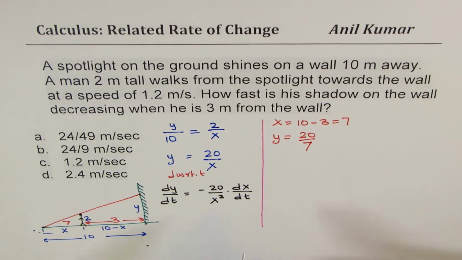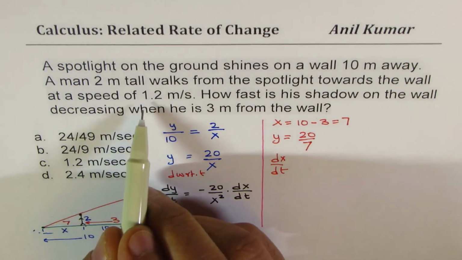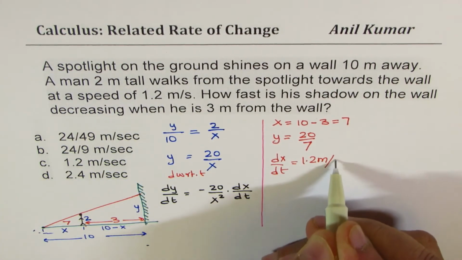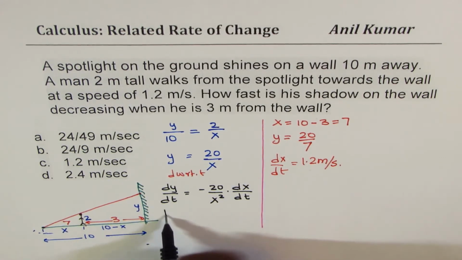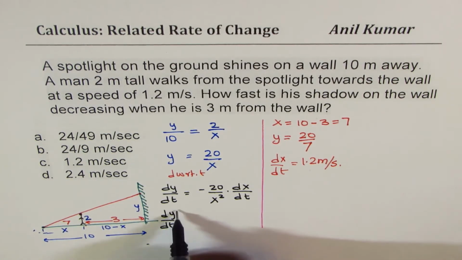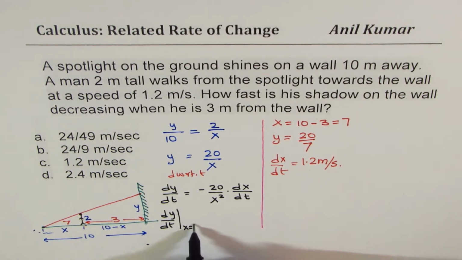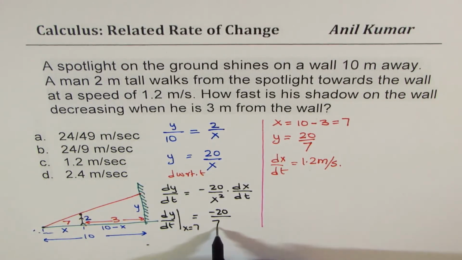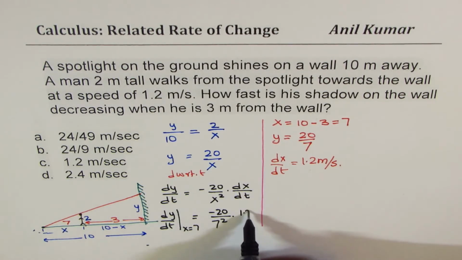Right? Anyway, here we are given dx/dt as the person is walking with the speed of 1.2 meters per second. Right. So let's substitute these values and calculate. So we have dy/dt when x is equal to 7 is minus 20 over 7 squared times 1.2.